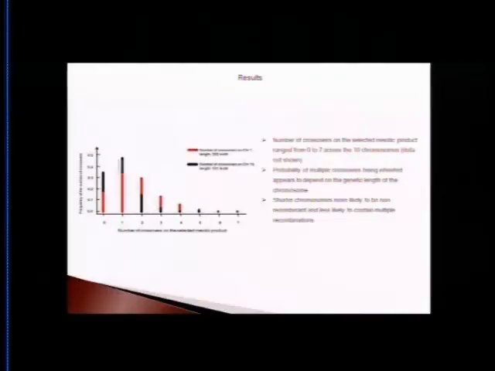Shorter chromosomes like chromosome 10, shown in black, were more likely to be non-recombinant and less likely to have multiple recombinations.